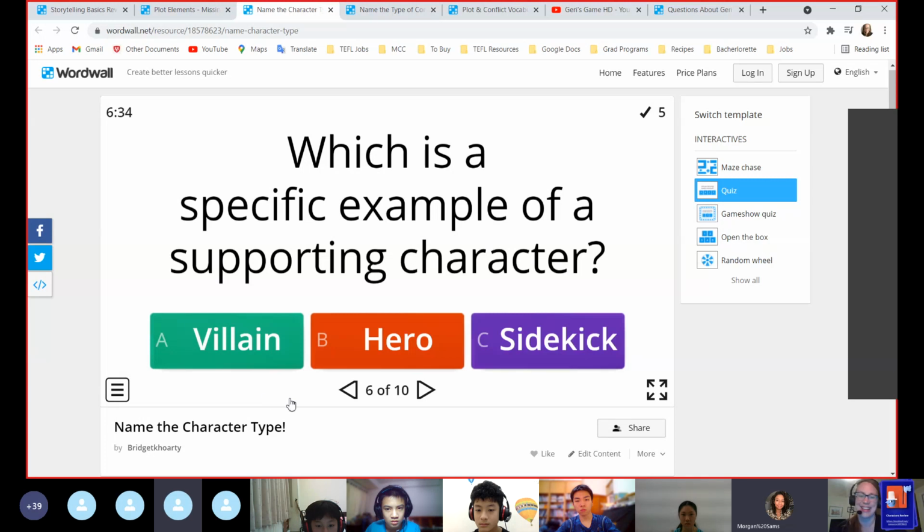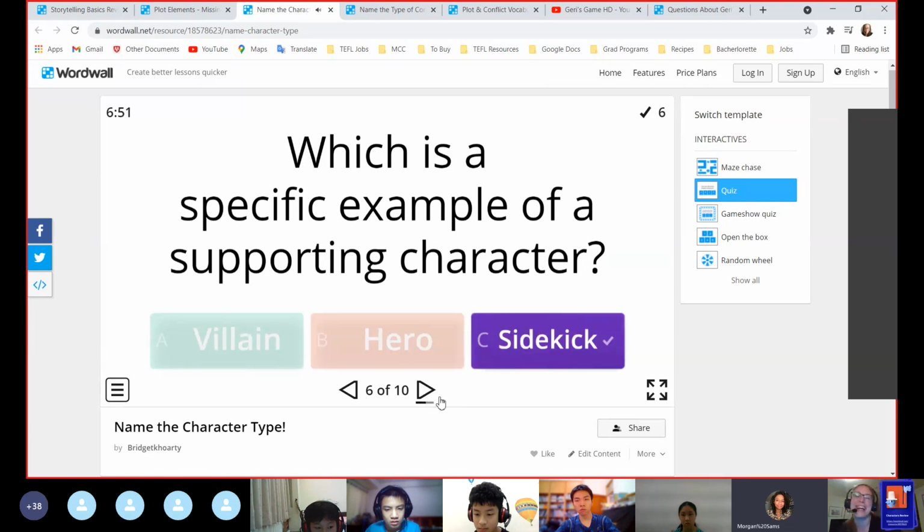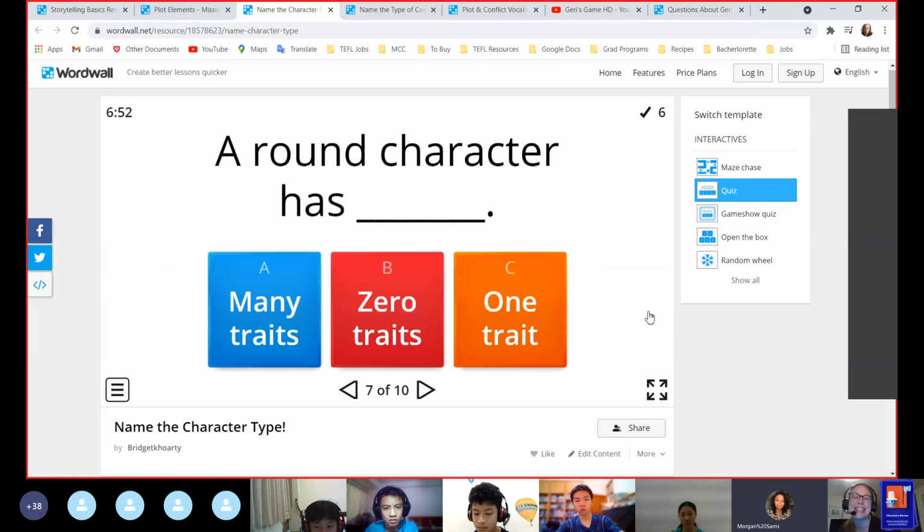No one. Okay, raise your hand if you think it's hero. No one. All right, raise your hand if you think it's sidekick. Everyone. Yes. Nice job, everyone. Yes, the sidekick is a good example of a supporting character.